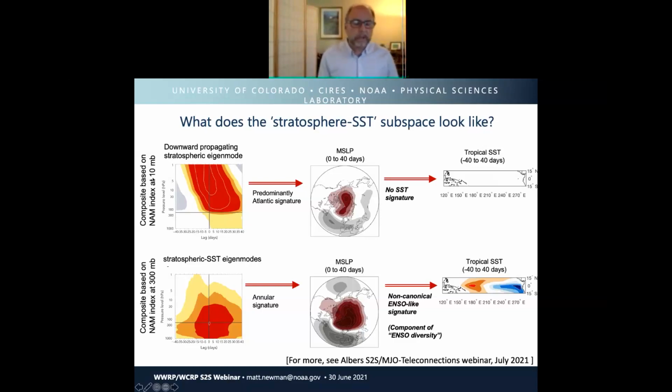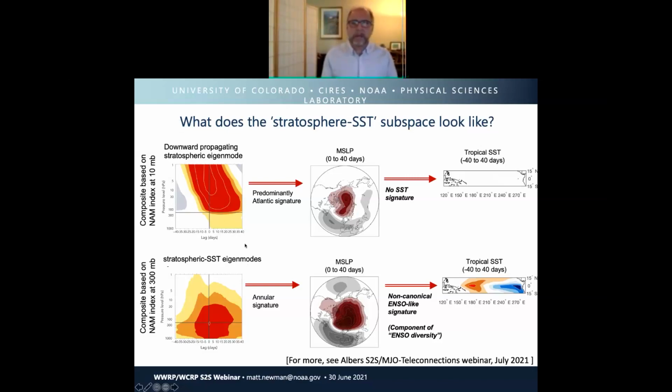But just to give you a little bit of an illustration, if you do a composite on the NAM index, an annular mean looking at the vertical structure with lead-lag, you see that this one eigenmode that had no SST component looks very much like that paint dripping picture. It really represents it quite well.